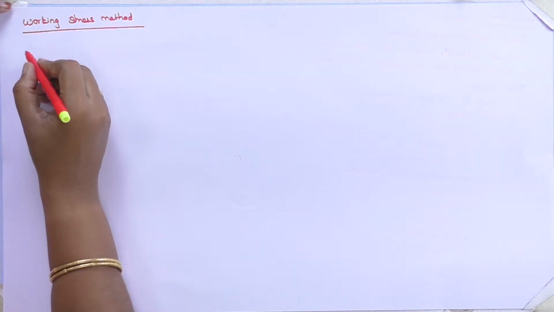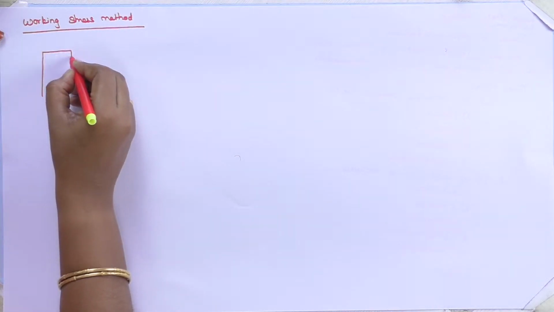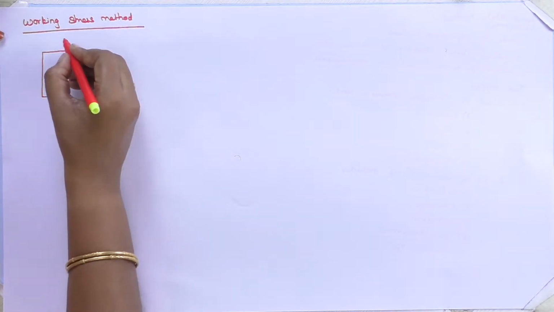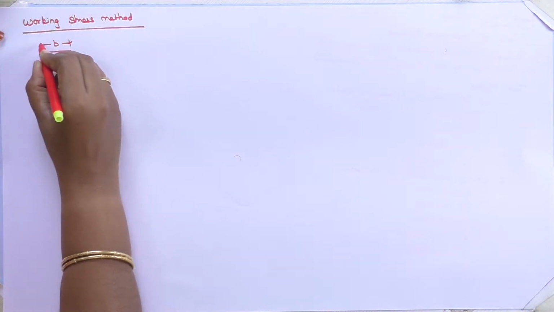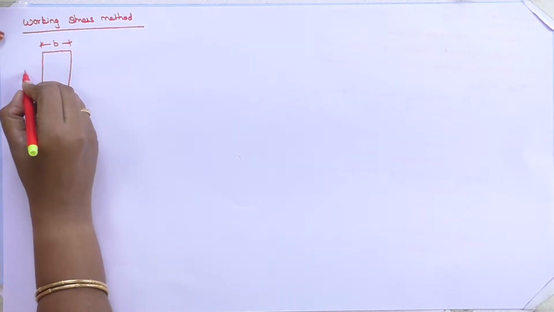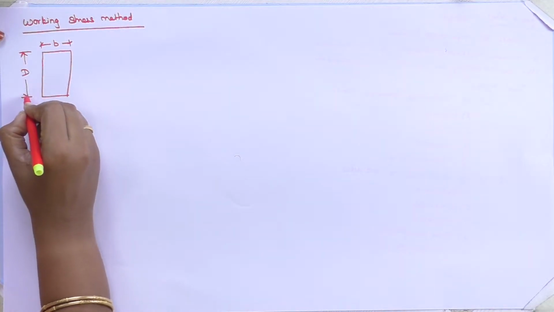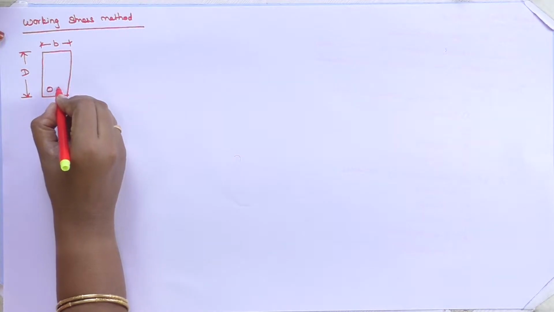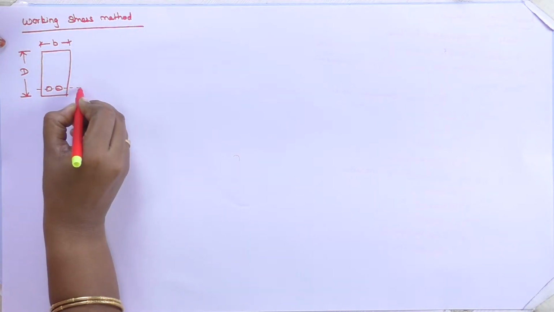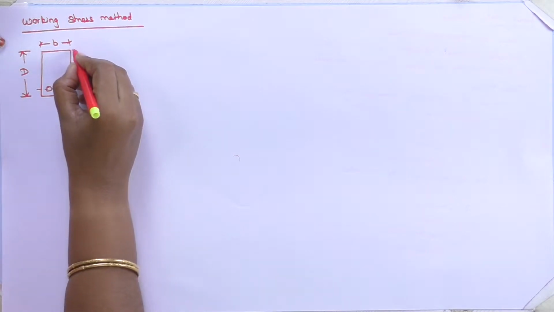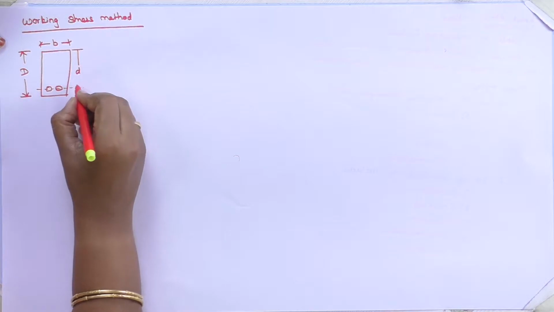Working stress method. Let us consider a beam of breadth B, total depth D. Consider the reinforcement is provided. Draw a center line from the top of the beam to the center line of your steel.